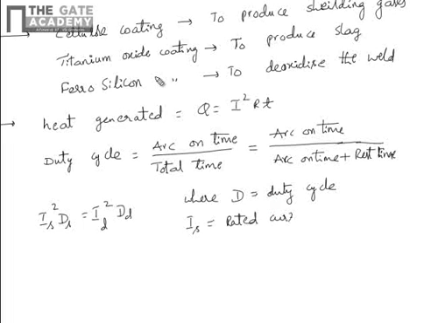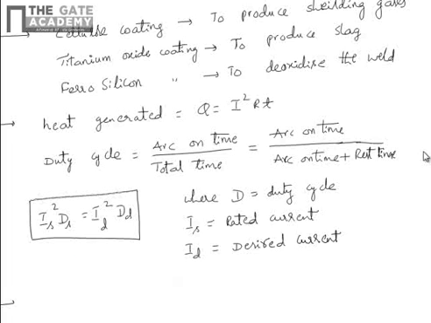Suppose in an electrical generator they give specifications, current and voltage, and those are called rated values. ID is the desired current. Similarly, DS and DD are the rated duty cycle and the desired duty cycle.